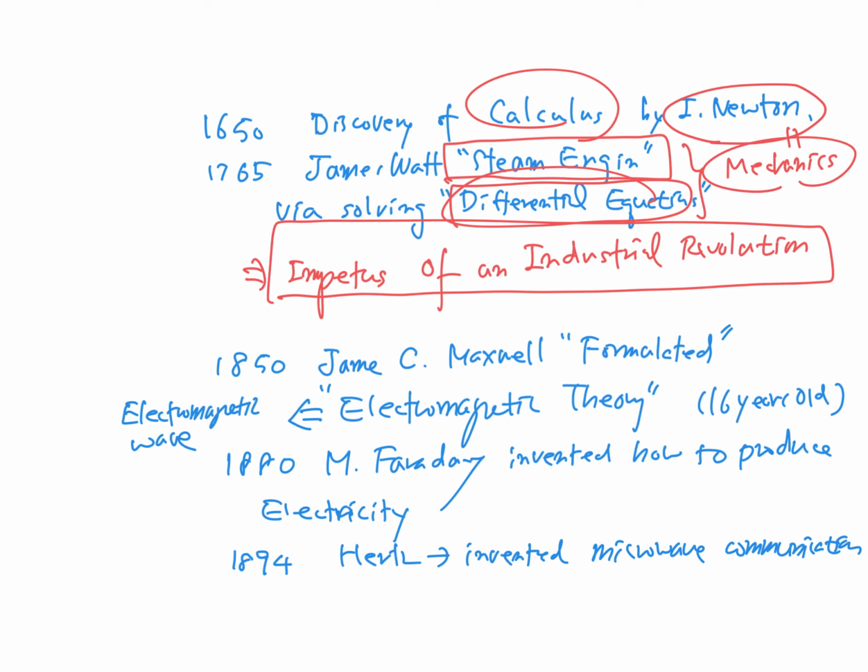And then those theoretical tools allows James Clerk Maxwell in about mid-19th century to formulate the electromagnetic theory. And the two things he predicted. One is one can produce electricity, and another one is one can produce electromagnetic wave, which is propagating through the space.